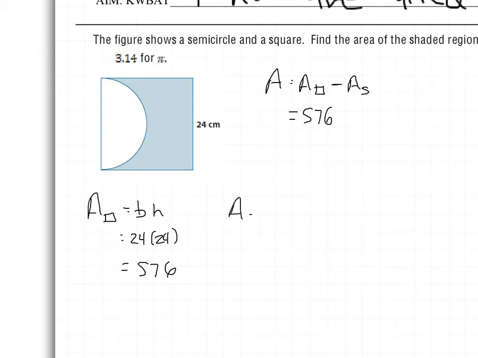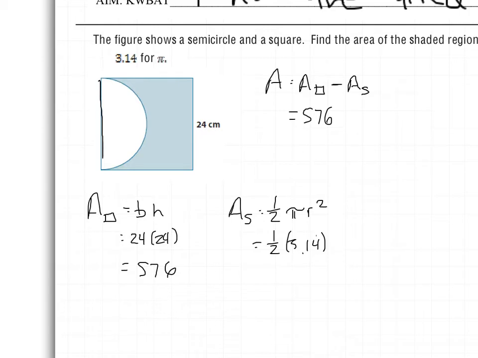We also need to know the area of the semicircle. I use the equation of half of a circle, pi times r squared. I'm going to plug in 3.14 for pi, and my radius is not 24.